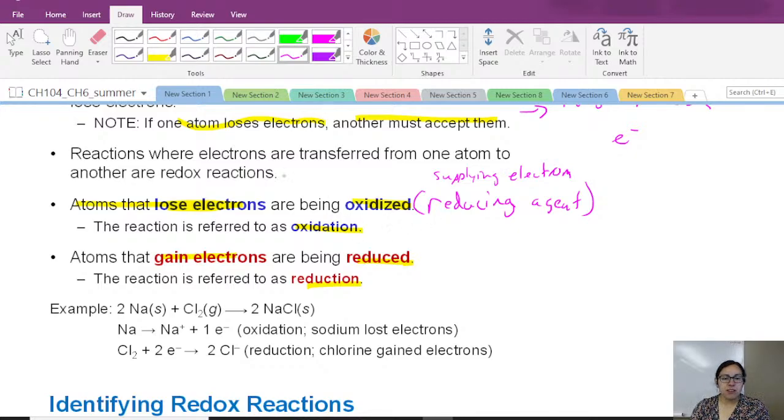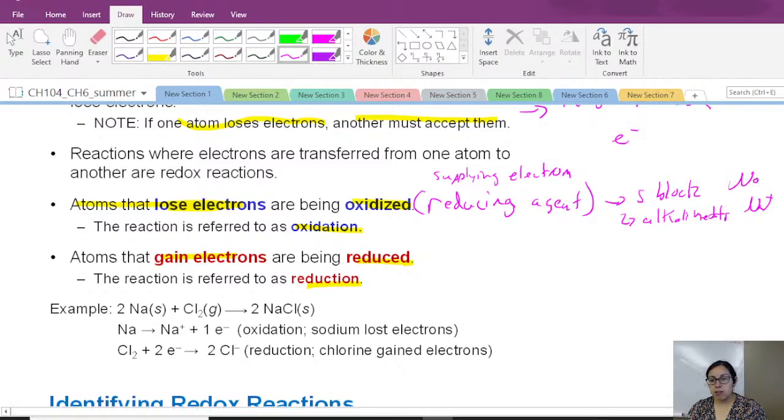Who has all the positive oxidation states? Mainly our S block, so our metals, our alkali metals. Just think of Na plus. Sodium, in its elemental form, is your reducing agent, and it gets oxidized to sodium ion. It's losing electrons, so that follows.